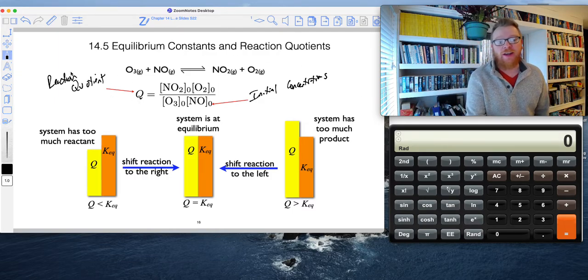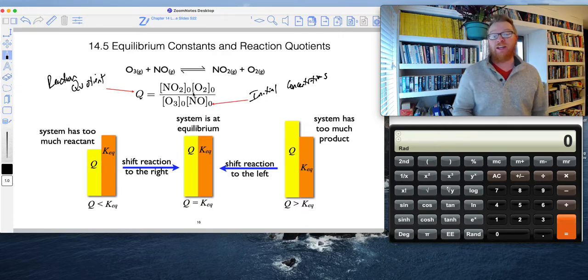How we start is by using the reaction quotient Q, which has the exact same setup. You can see here it's still products divided by reactants, but now we put in initial conditions.